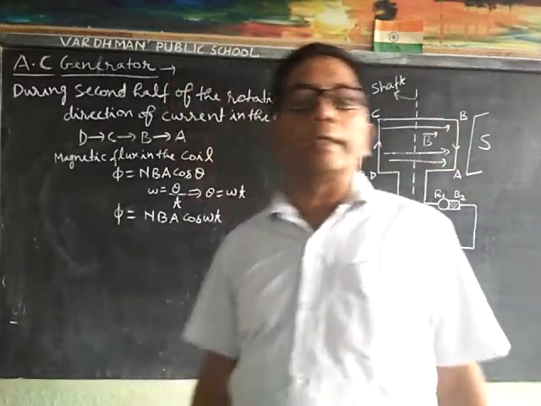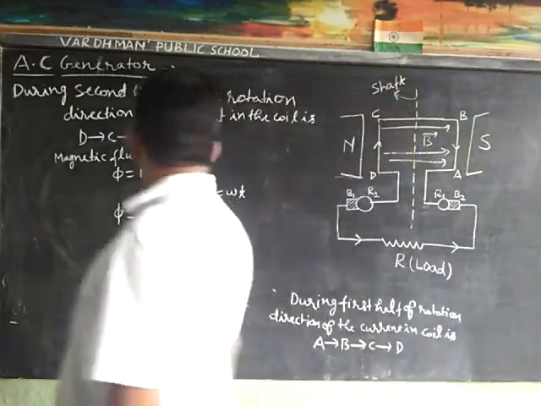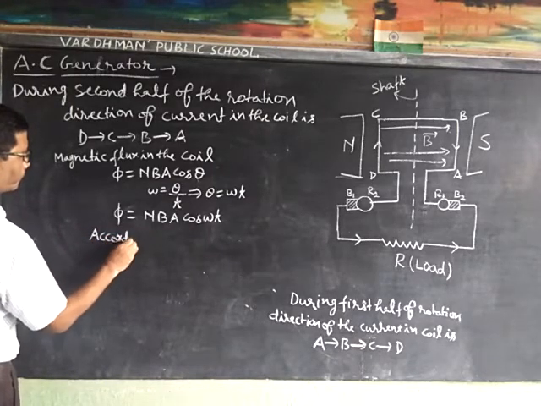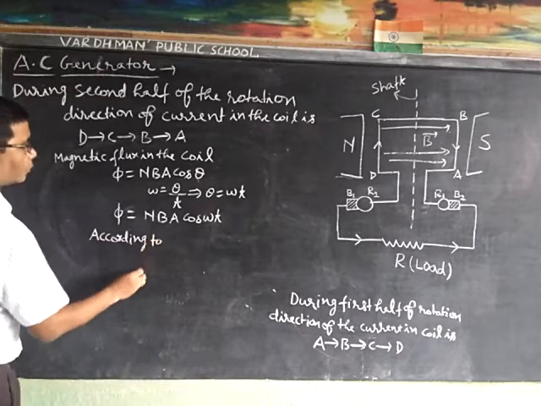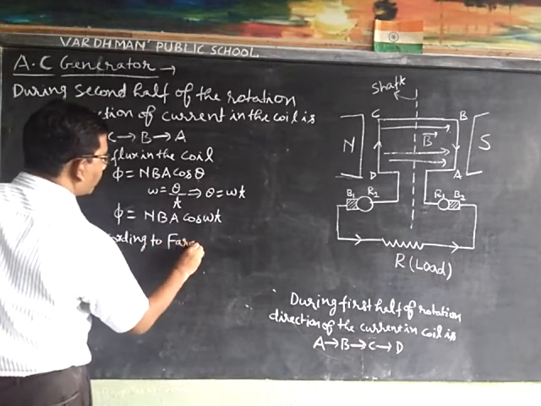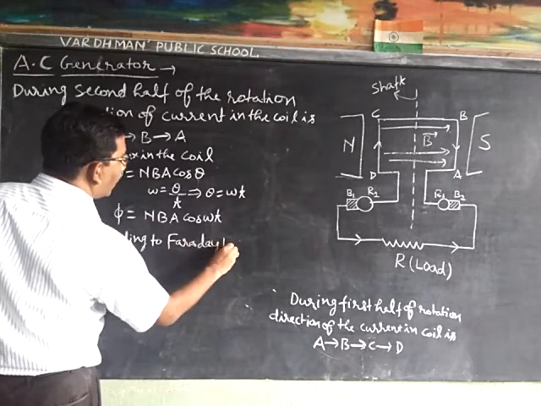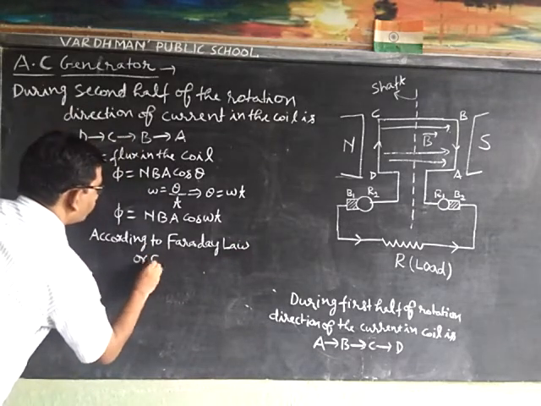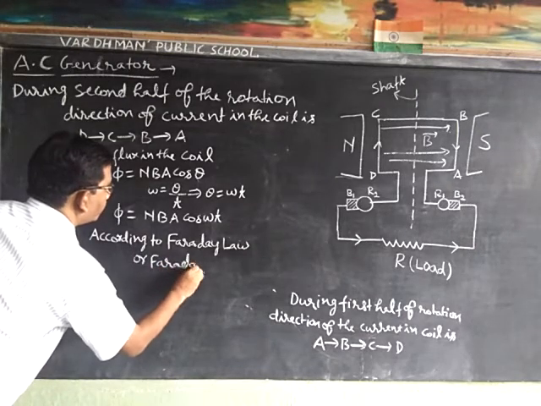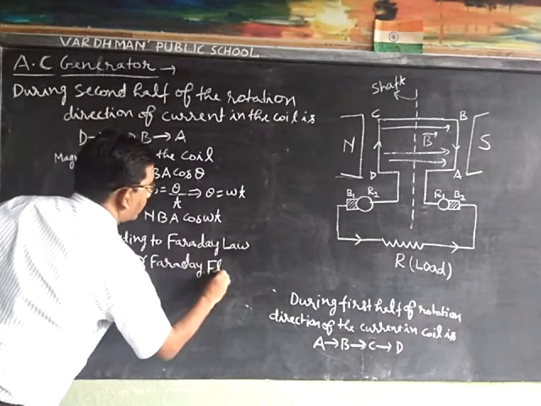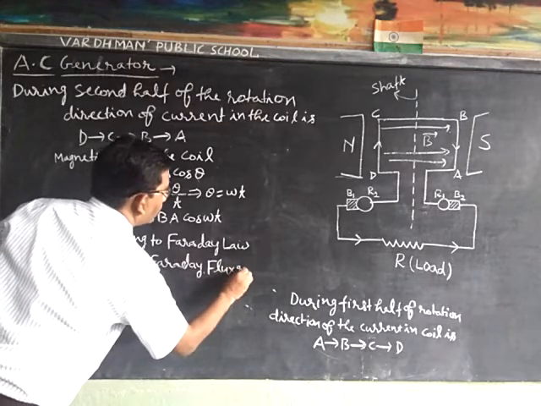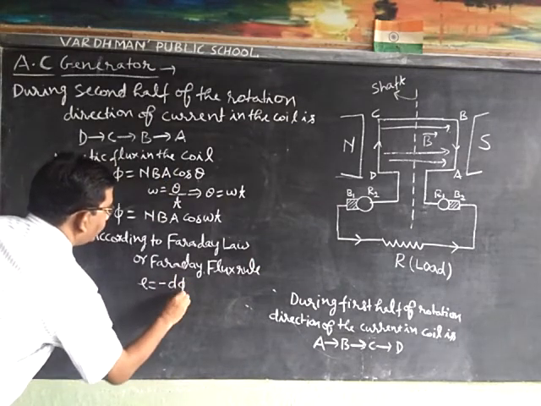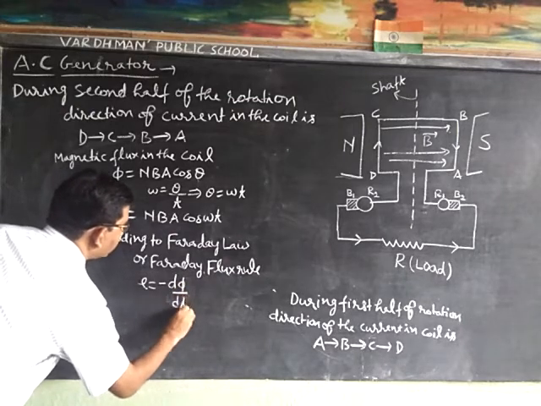Now, according to Faraday's second law, or Faraday flux rule, we know E is equal to minus d phi upon dt.